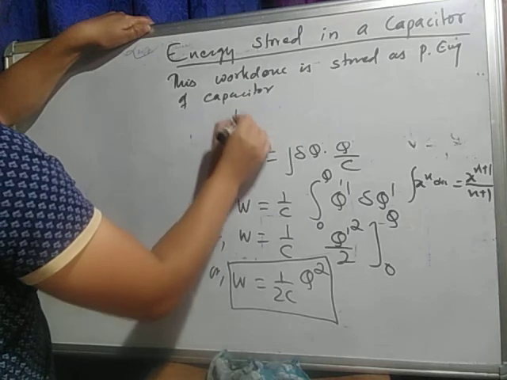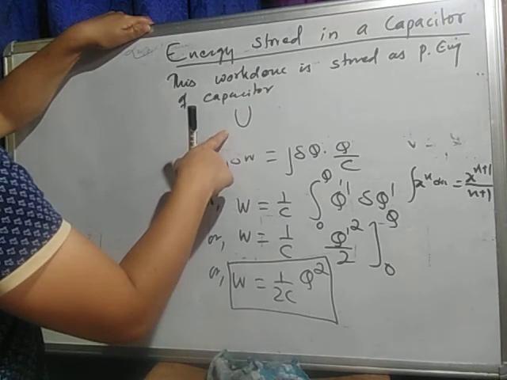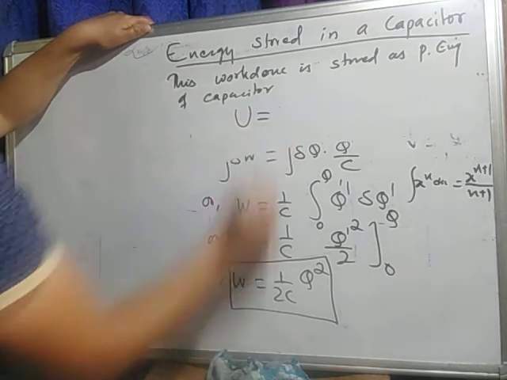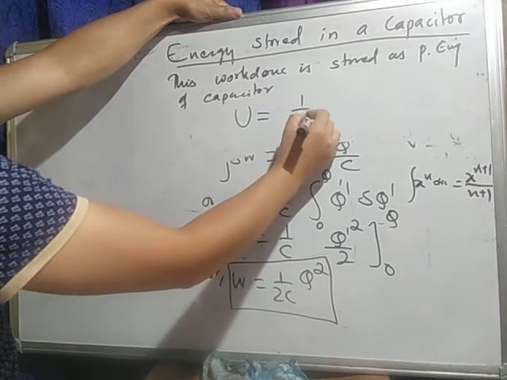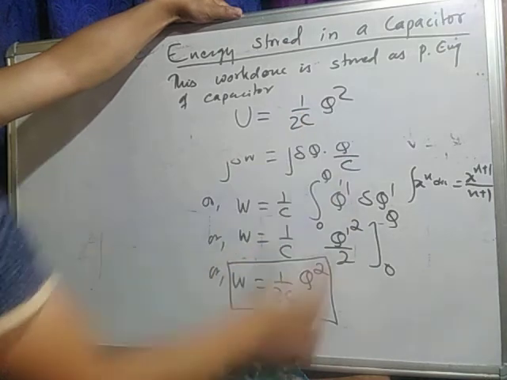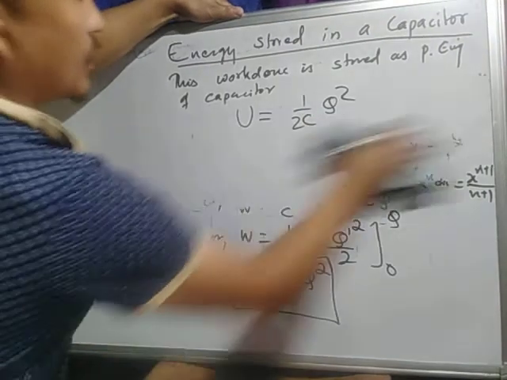So U, we denote energy by U, equals to how much? This much, half Q square by C. Clear?